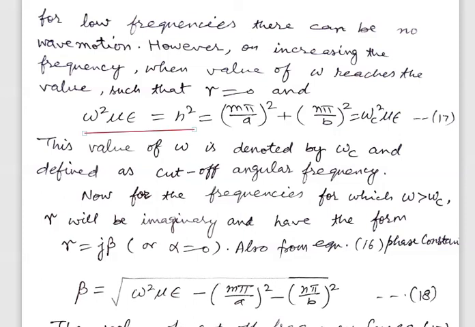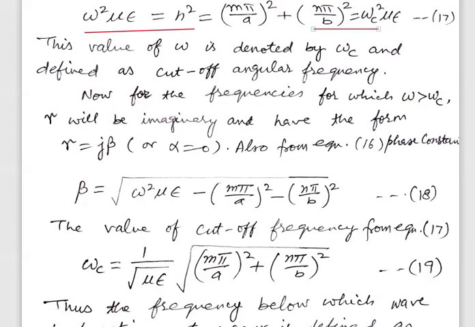It means below this cutoff frequency omega c there will be no wave propagation inside the waveguide. So this is similar to what we have earlier discussed for the TM waves also. So this value of omega, denoted here as omega c, is called the cutoff frequency.